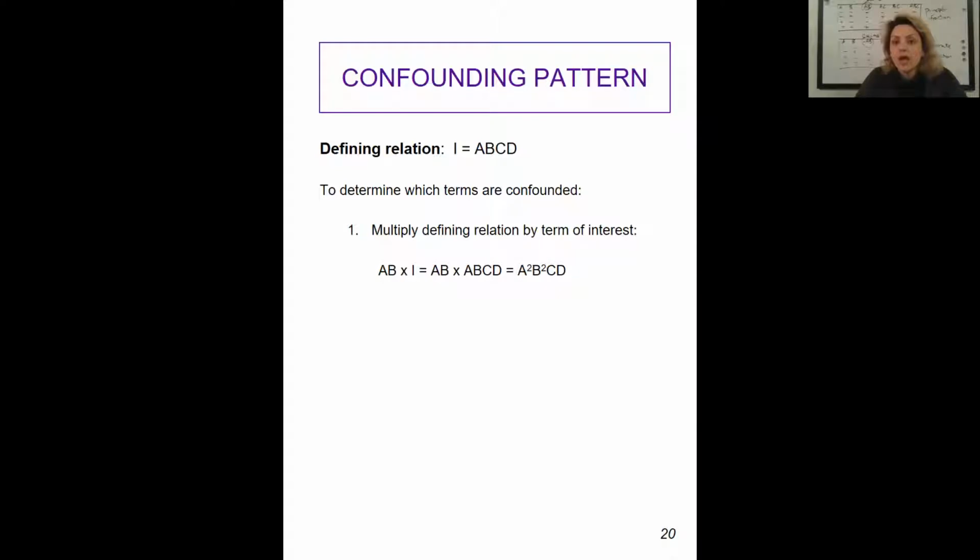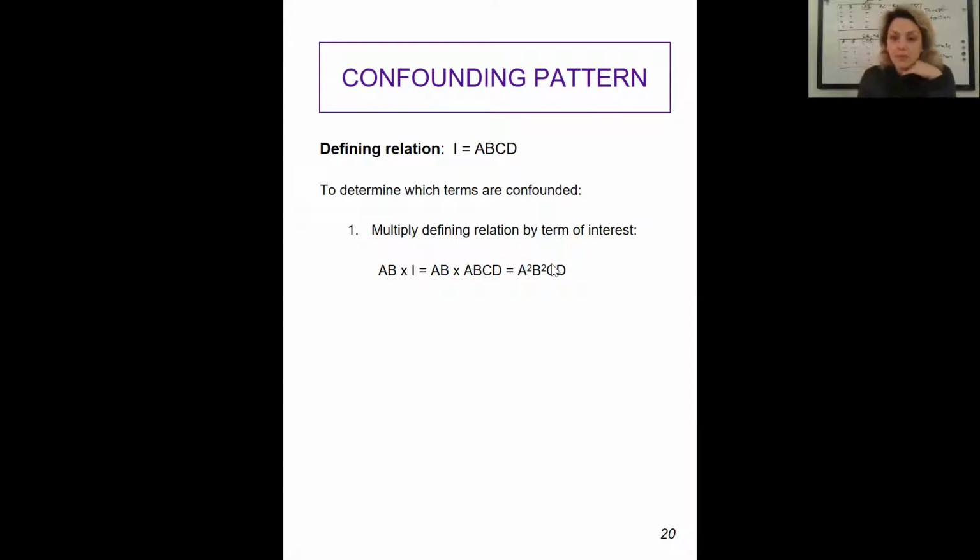For example, you want to see what the confounding terms are with the interaction AB. So you would say AB times I, which is the positive sign, and our defining relation was ABCD, so AB multiplied by ABCD.